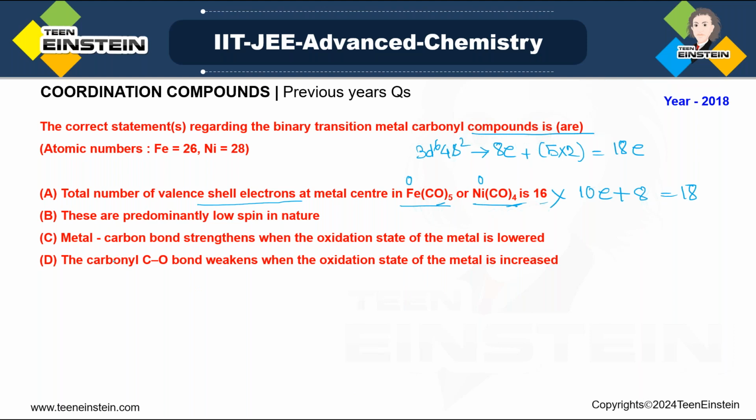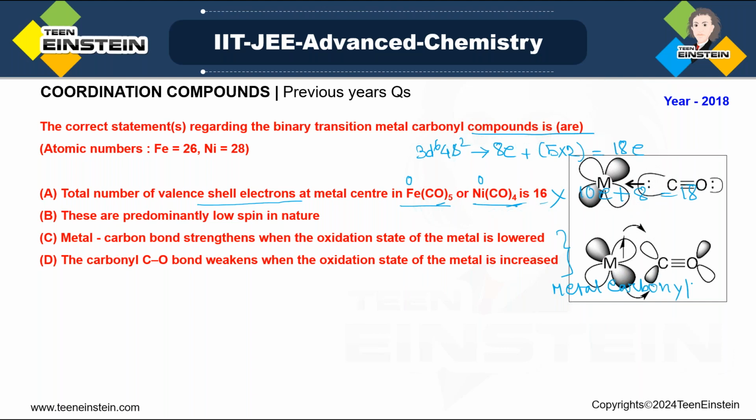Now, metal carbon bond strengthened when the oxidation state of the metal is lowered. Both are carbonyl complexes. So these two statements are basically for metal carbonyl complexes. So for metal carbonyl complexes, you have to know this bonding. So we know in metal carbonyl complexes, there is basically sigma bonding first, which is from ligand to metal. This is the direction. This is sigma bond. After this bond formation, there is metal to ligand in this direction.